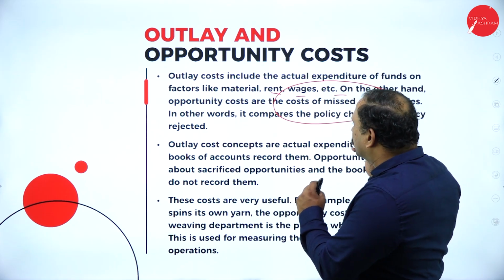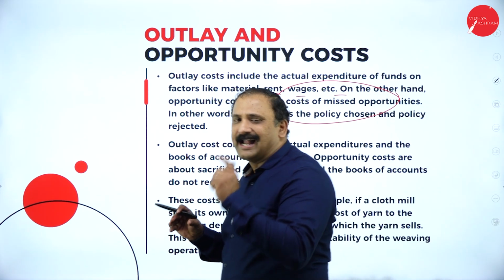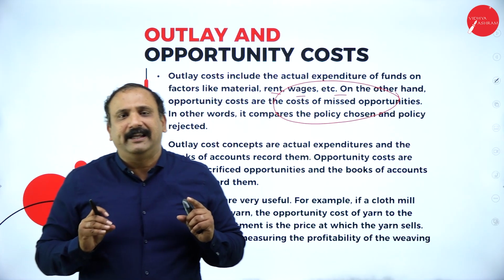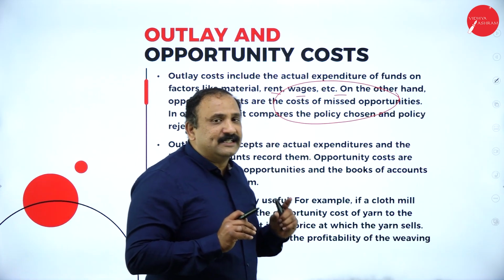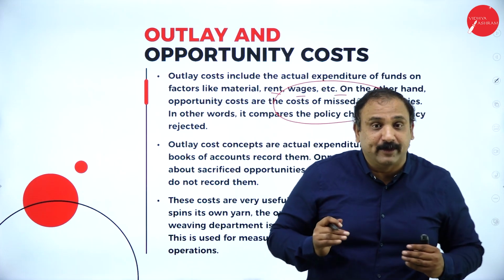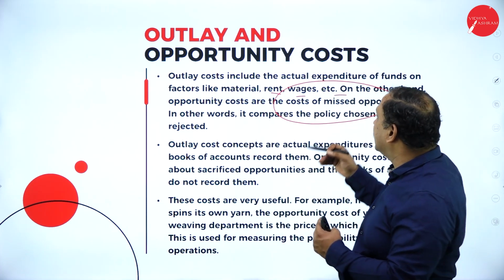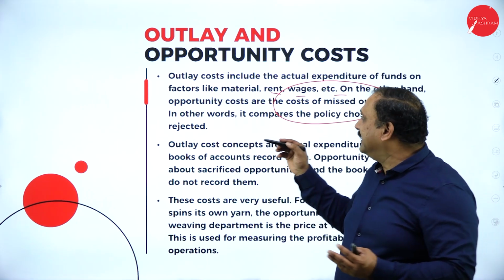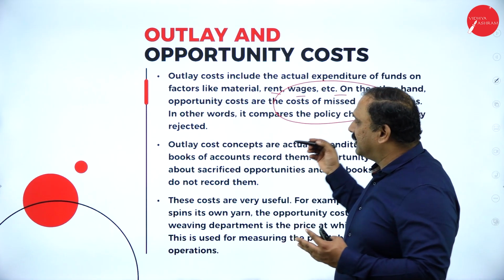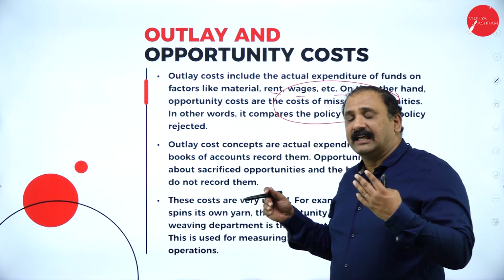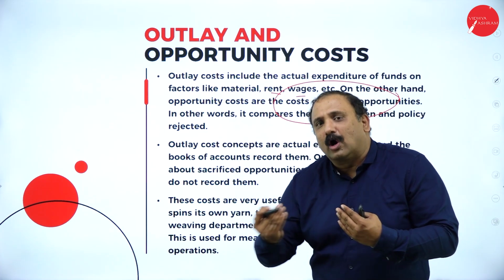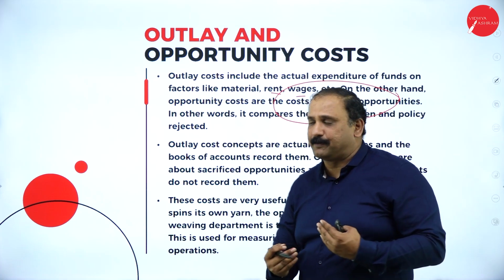So, when I'm going to talk about this opportunity and outlay cost, we need to focus on these two words very carefully. Point number one is that the outlay, when I use the word outlay, that means to say that the cost that the actual expenditure included like material, rent or wages. On the other hand, when we are talking about the outlay factor, these are all predominantly the cost that has been seen towards the production.